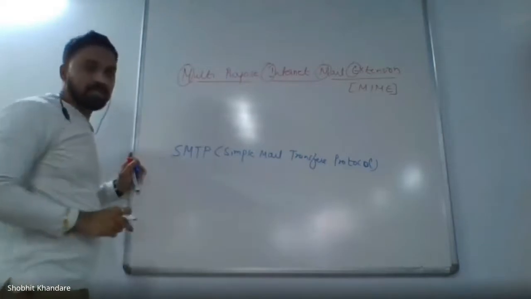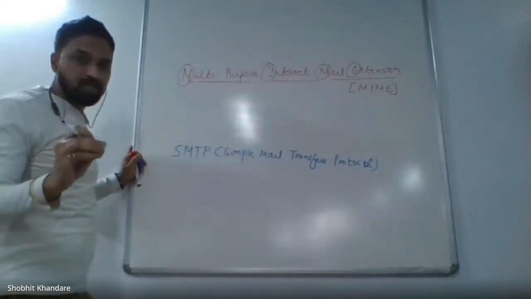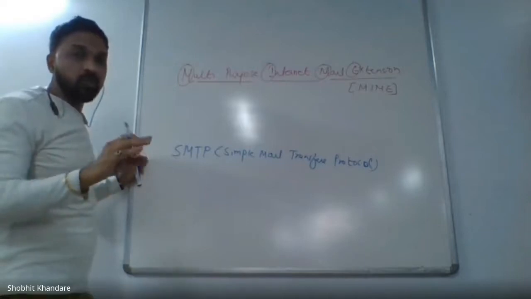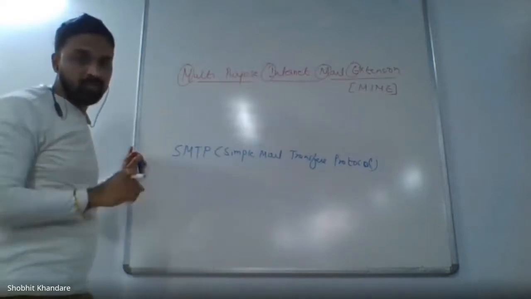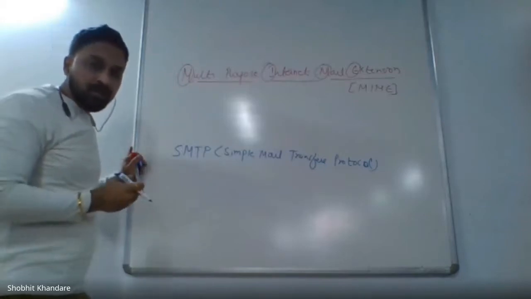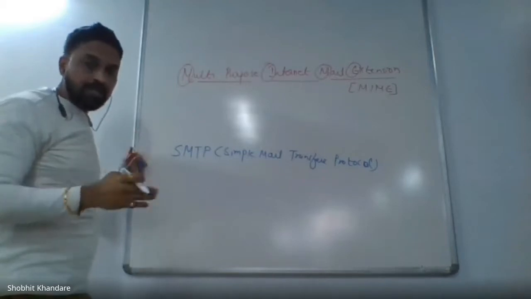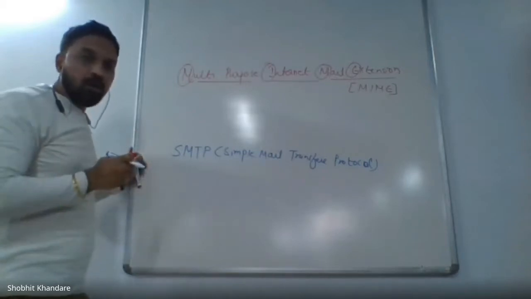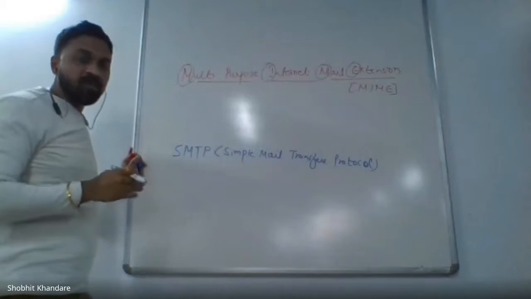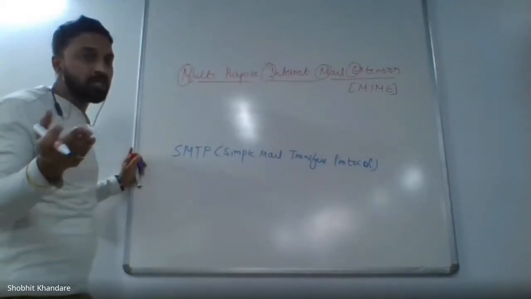And what is this SMTP doing? It is just converting your mail into ASCII values. You are familiar that all the alphabets, capital letters, small letters, and special characters are encoded with ASCII values. It may be 7-bit or 8-bit.